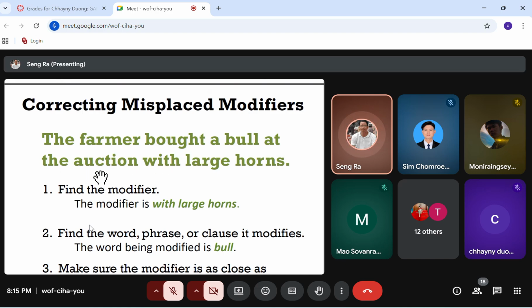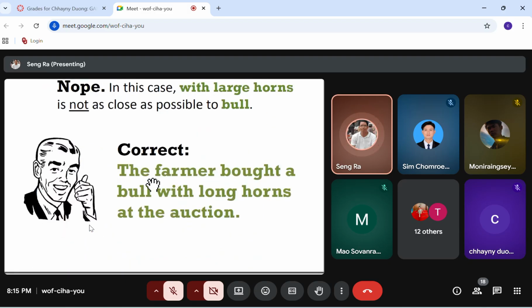But do you think the auction has large horns, like animals, like bulls? That's impossible. So to put it right, you say the farmer bought a bull with large horns at the auction.